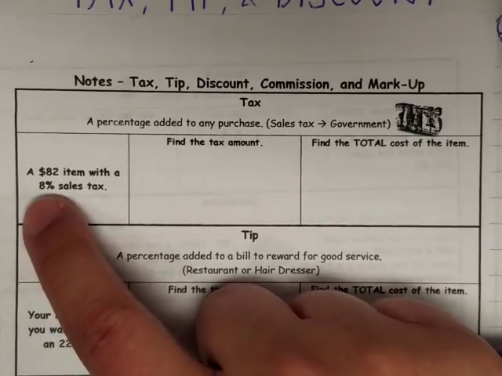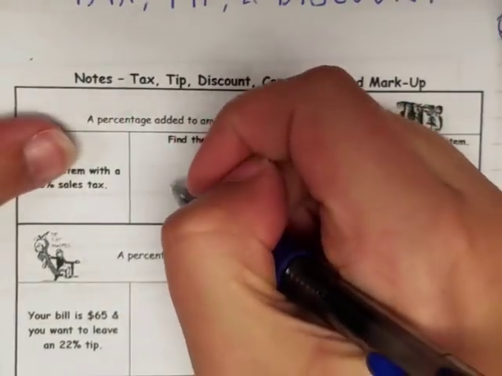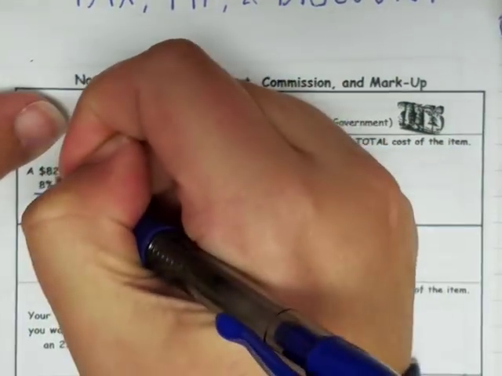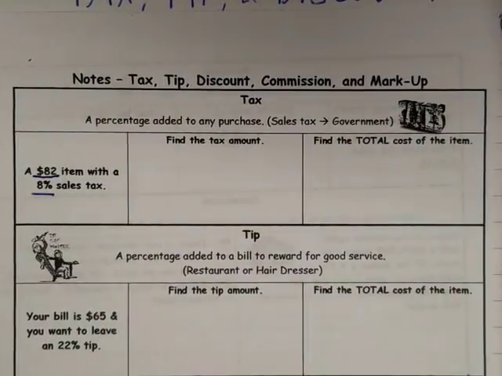So what we're going to do is find 8% of $82. You have your percent, which always goes over 100, and then you have your whole, which is the 82. And what we're trying to find is the part, which is the tax.